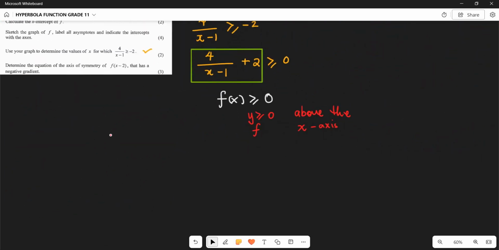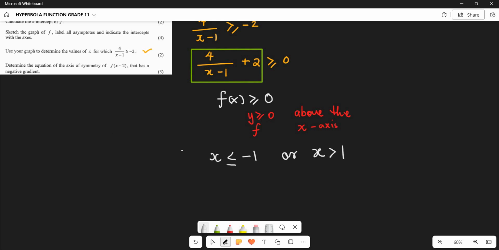So we come here and say the solution to this will be x, it's less than or equals to -1, or x is greater than 1.